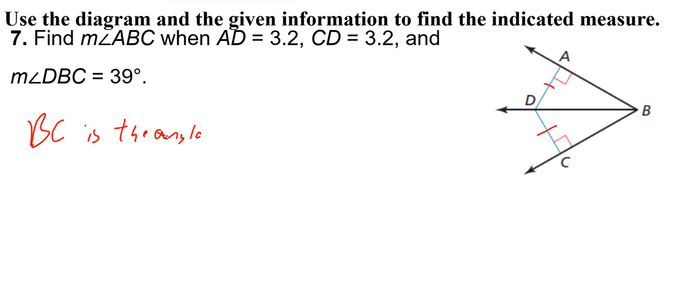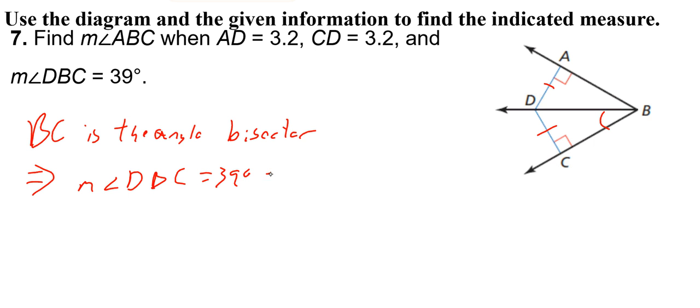Since it is the angle bisector, we know that the measure of angle DBC is equal to 39 degrees. So then we also know that's equal to the measure of angle DBA.